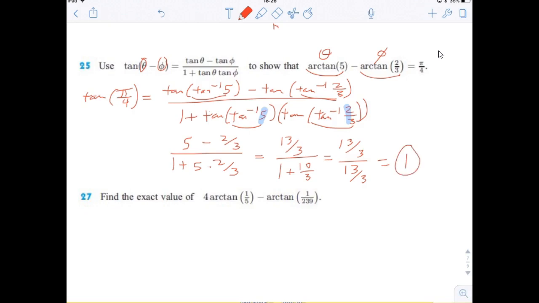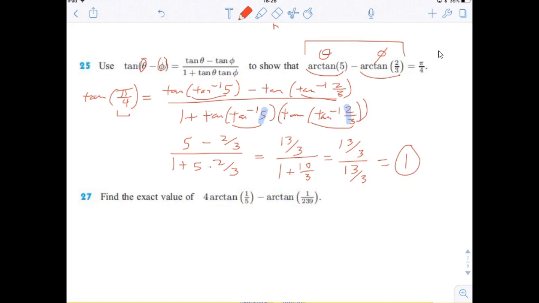And I have shown that the tangent of this angle here is equal to the tangent of pi over 4, because tangent of pi over 4 is 1, right?